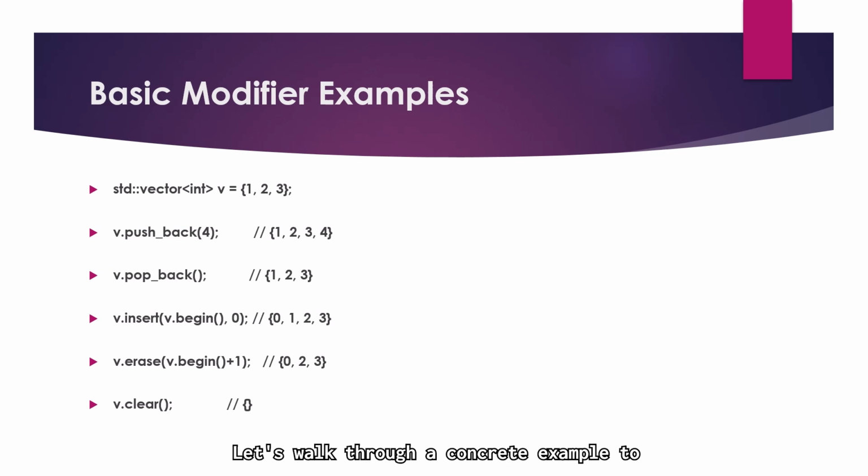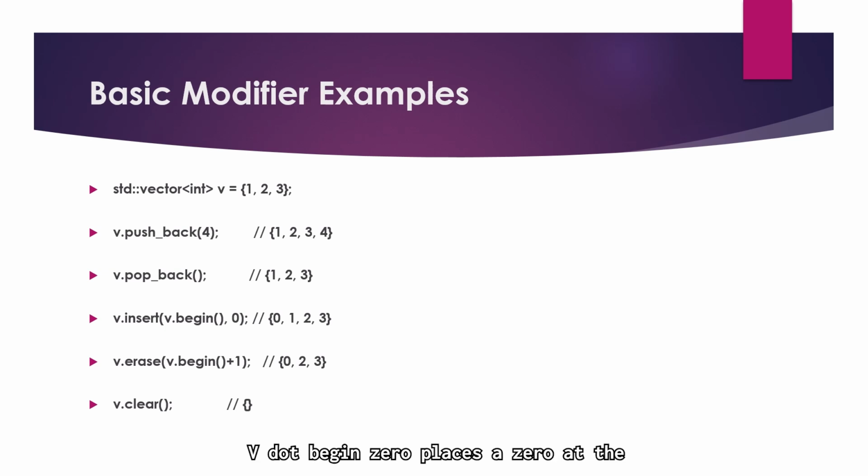Let's walk through a concrete example to see these modifiers in action. We start with a simple vector of integers 1, 2, 3. We use push_back(4) to add an element to the end, making it 1, 2, 3, 4. Then pop_back removes the last element. We are back to 1, 2, 3.